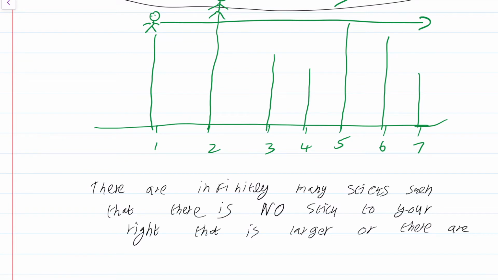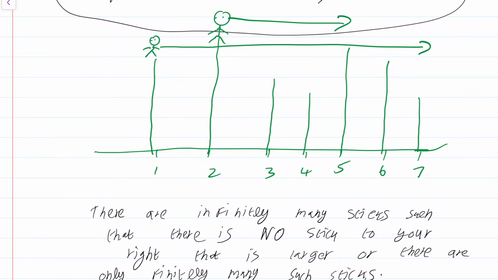There are only two possibilities. Either the collection of sticks which has the property that when you look to your right, no other stick is larger, this collection is finite or it's infinite.